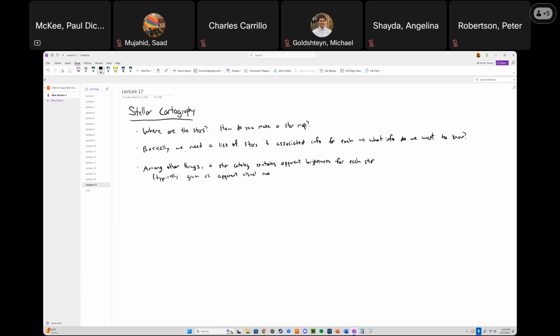You'll often see Vmag thrown around. And with apparent visual magnitude, smaller number equals brighter.